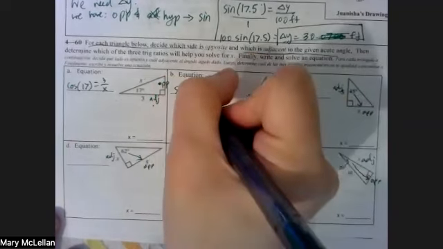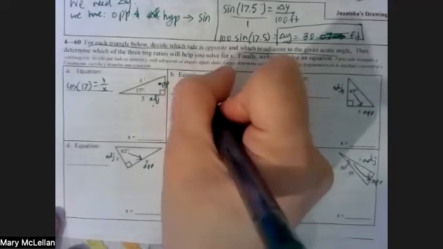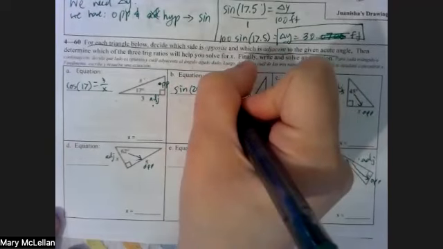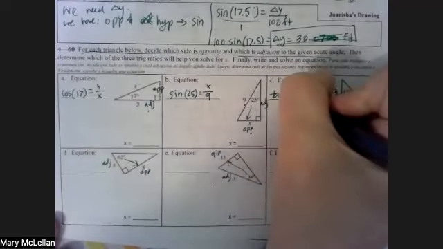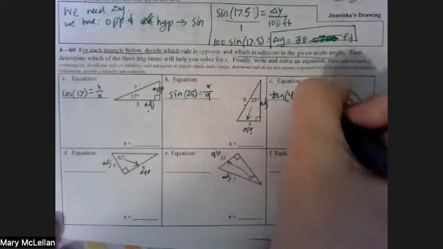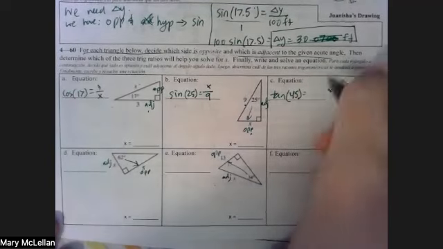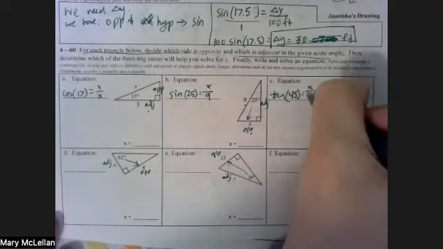Sine of 25 degrees is x over 9. The next problem, I have opposite and adjacent. Well, that's tangent. So tan of 45 is equal to x over 5.